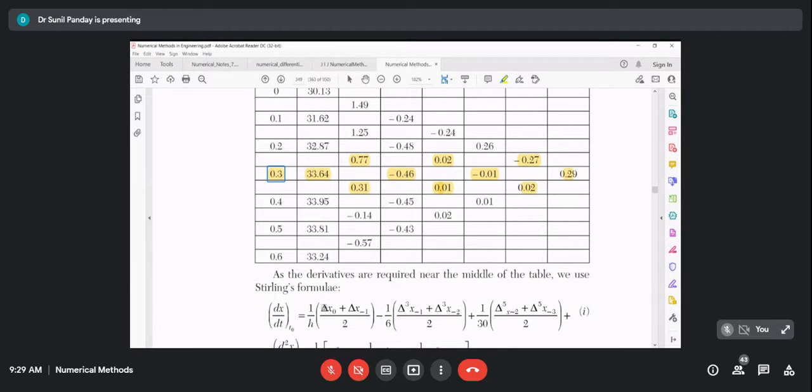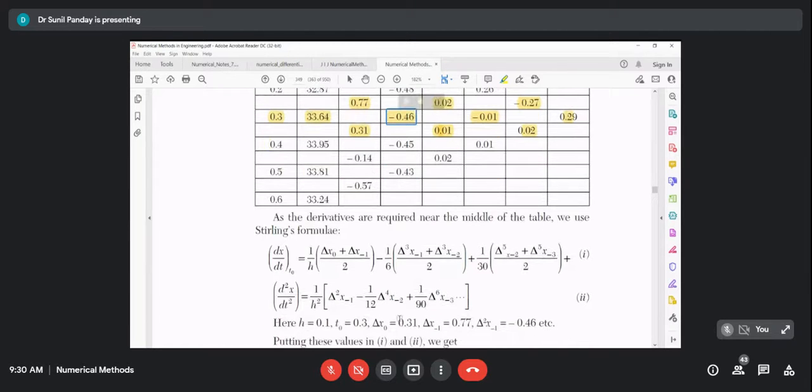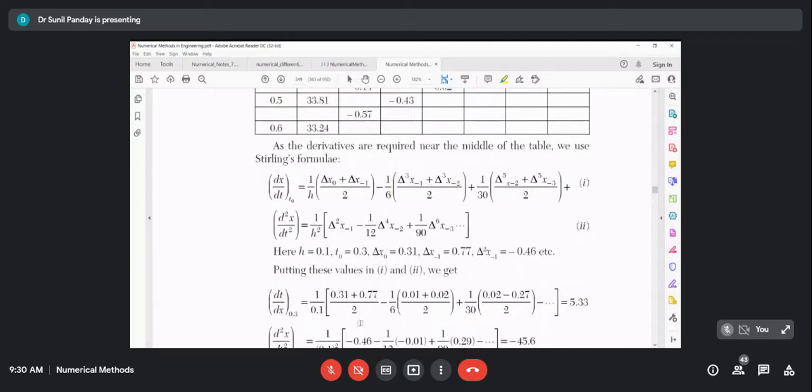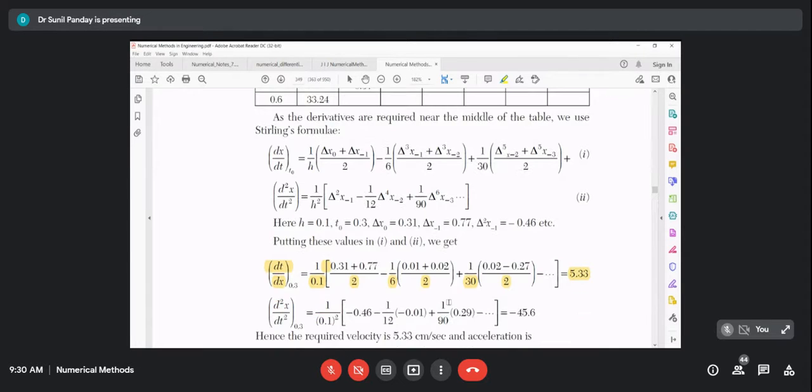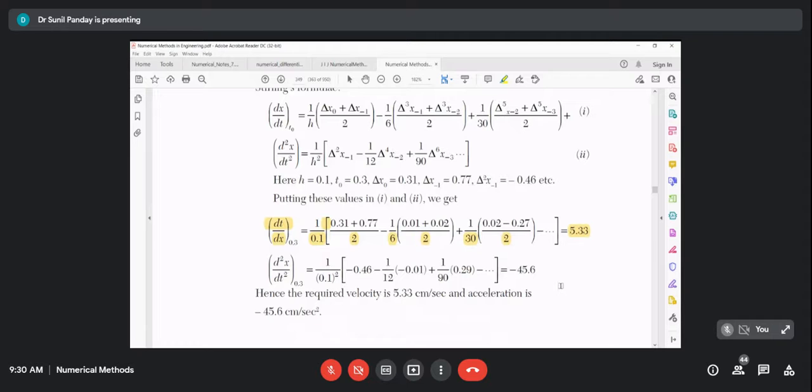This is delta of x naught, and then delta of x minus 1, then delta of x minus 2. So we substitute all the values and we get the first derivative at the middle point of the table. Similarly, the second derivative also.